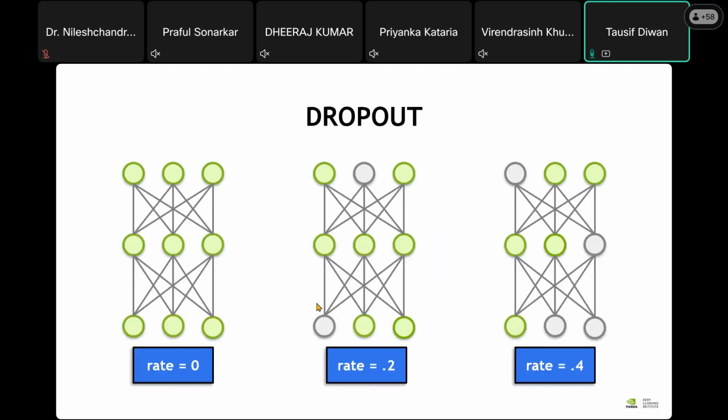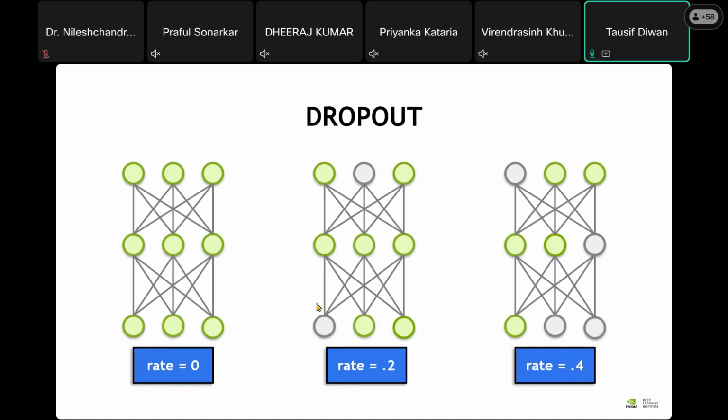Then another layer is there, that is nothing but dropout. Basically, it is a regularization technique. It prevents the overfitting problem. Various other methods are also there, like L1 and L2 regularization, but here we are using dropout regularization. You can understand dropout like this.